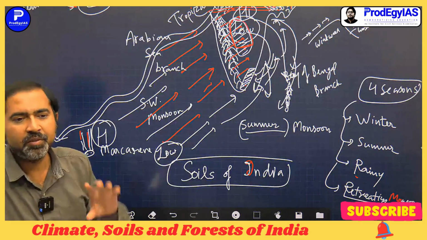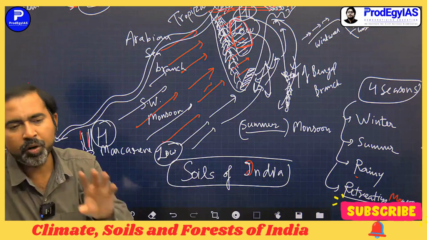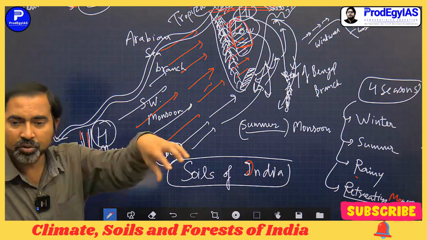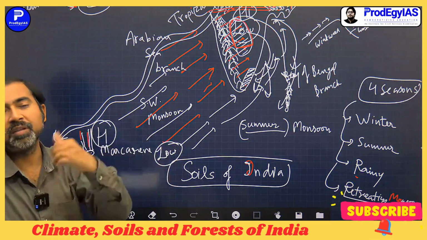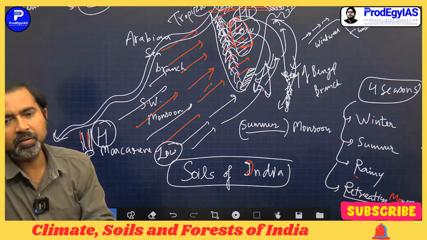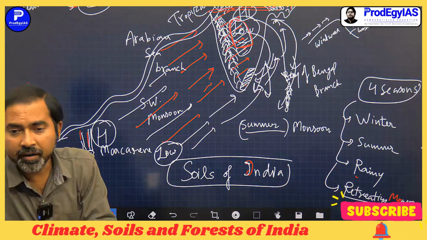Convectional means during summer with those cyclones, that is also called cyclonic rainfall, but more accurately it should be called convectional, brought down by those tropical cyclones. Cyclonic rainfall sometimes connotes frontal, and there is no situation of frontal rainfall in India.